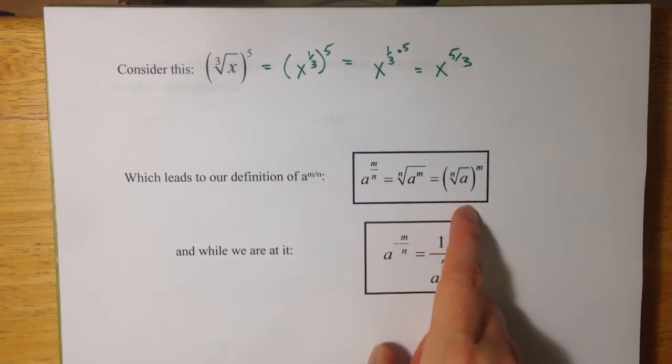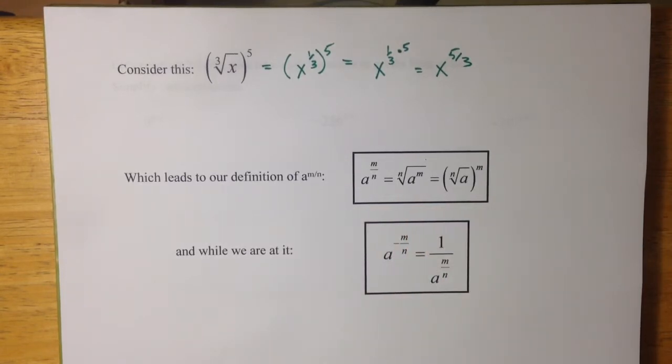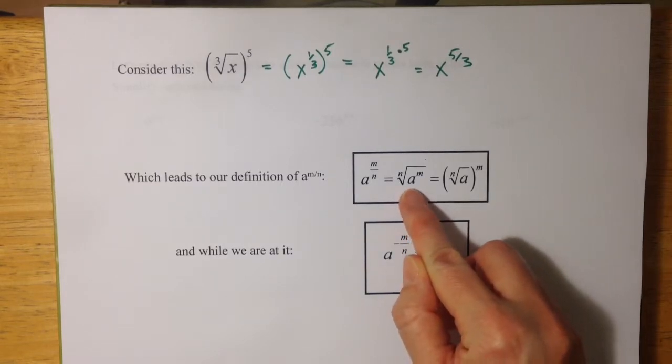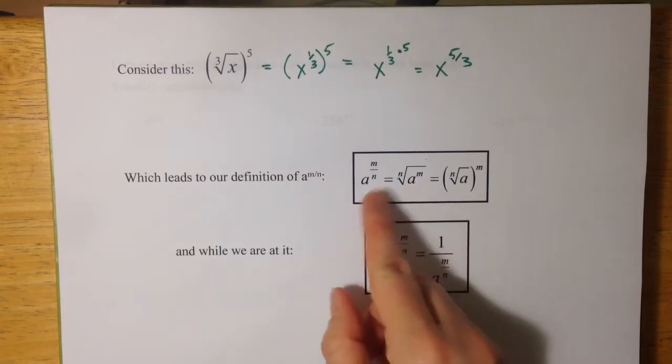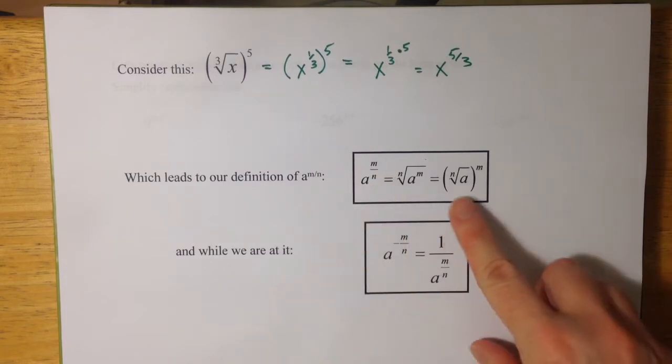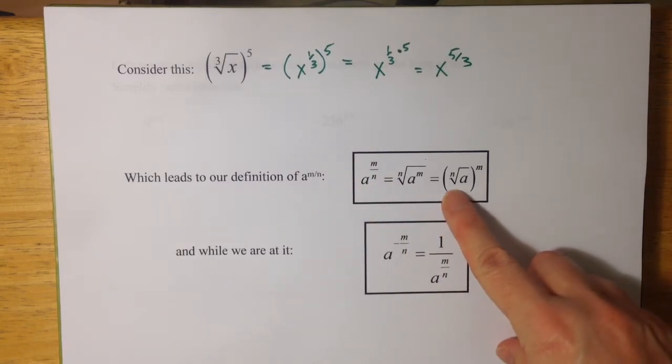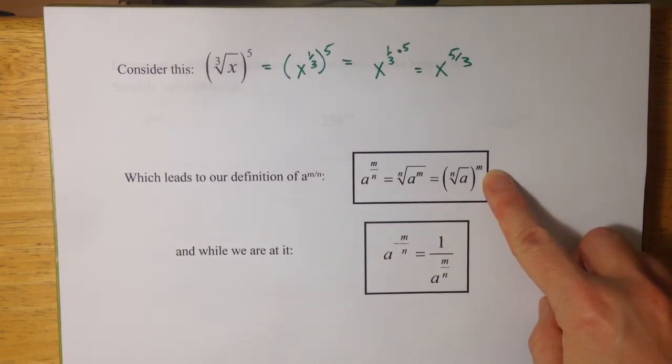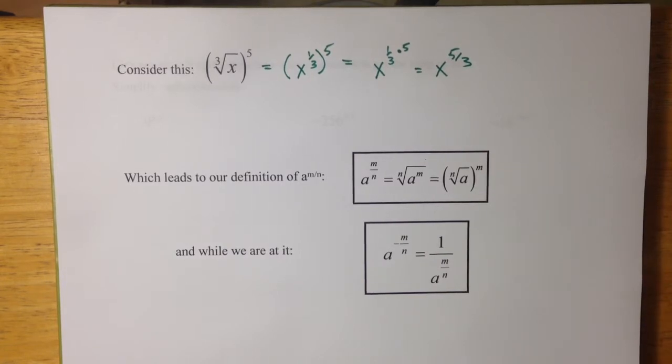This second equality is telling you that it doesn't really matter what order you do those two things in. You can either take the number to the power and then take the radical, or you can take the radical and then take whatever you get to the power. Either way, you'll get the same answer.